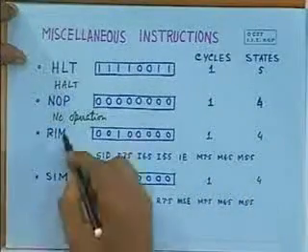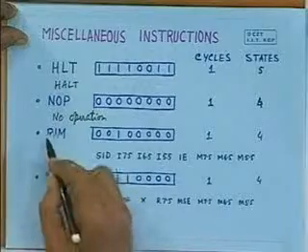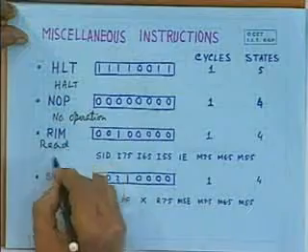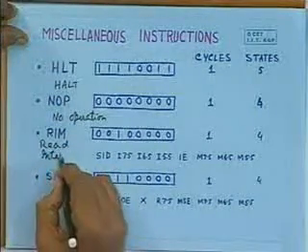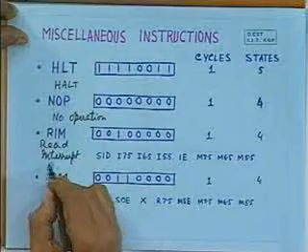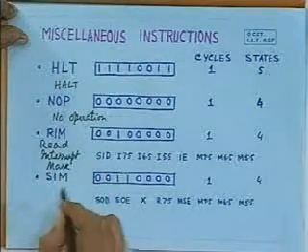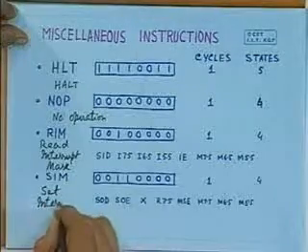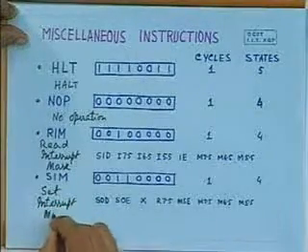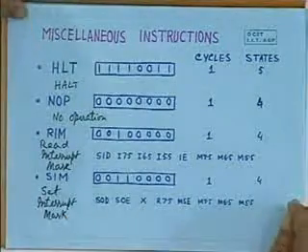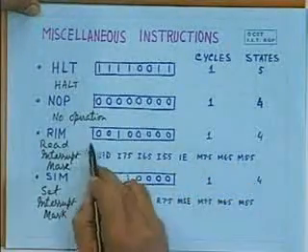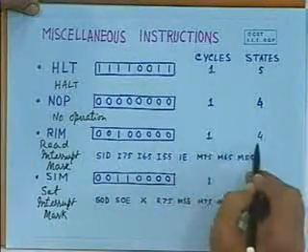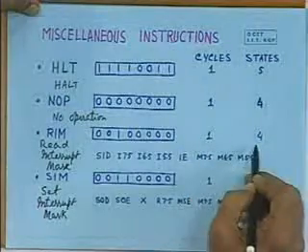Let me consider two more important instructions, RIM and SIM. RIM stands for read interrupt mask, and SIM stands for set interrupt mask. This is the code of the RIM, and it takes one machine cycle and 4 clock cycles.